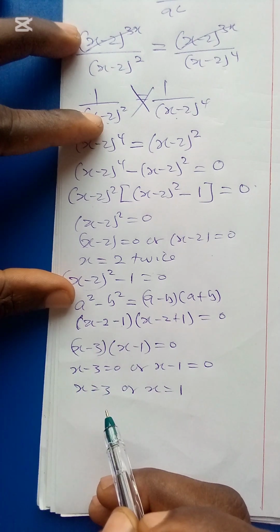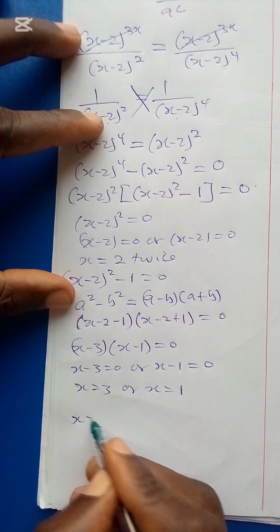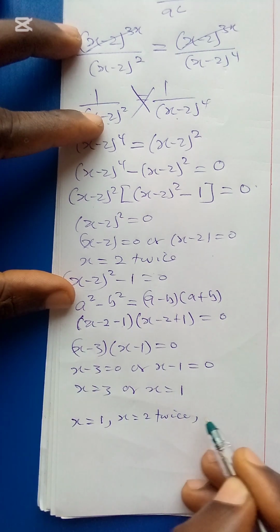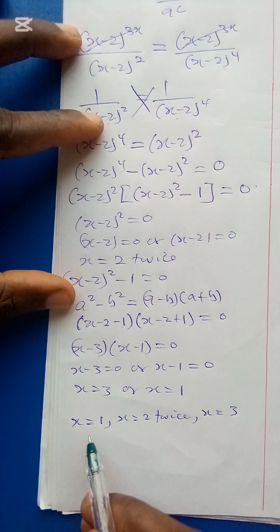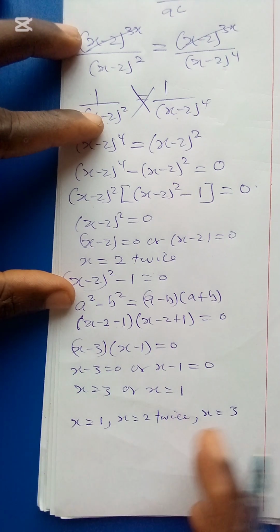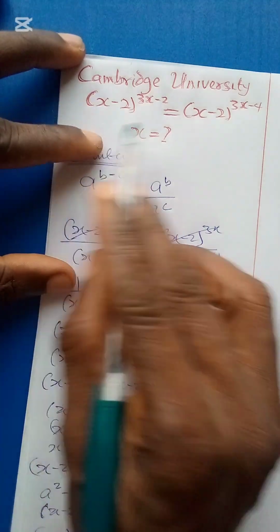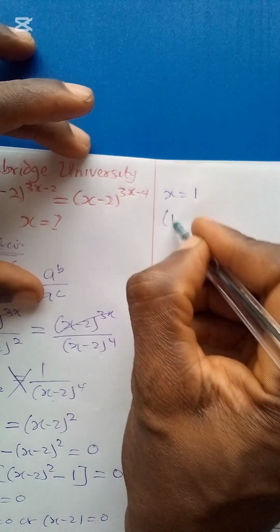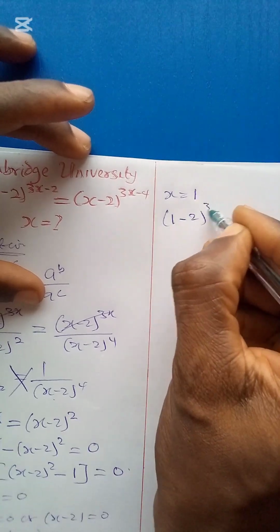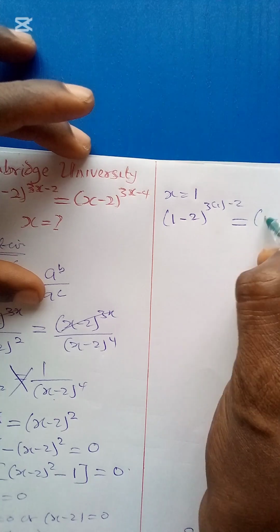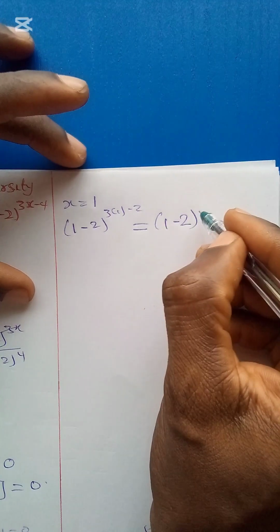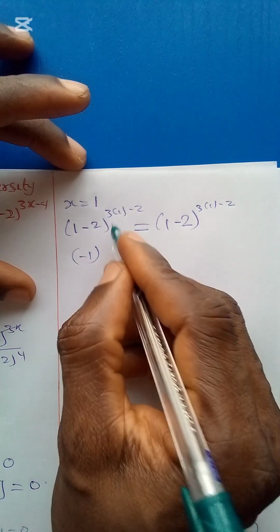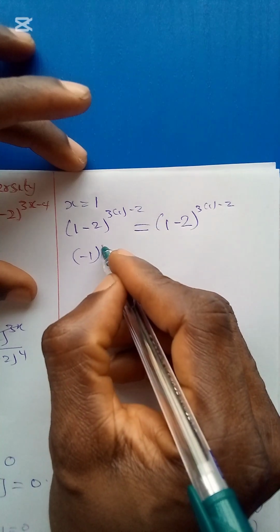Let's recall that the solutions to the equation so far are x equals 1, then x equals 2 twice, and x equals 3. We are now going to substitute 1, 2, and 3 respectively in the original equation. So when x equals 1, we have (1 minus 2) raised to power 3 times 1 minus 2 is equal to (1 minus 2) raised to power 3 times 1 minus 4. 1 minus 2 gives us minus 1. 3 times 1 is 3, minus 2 we get 1.